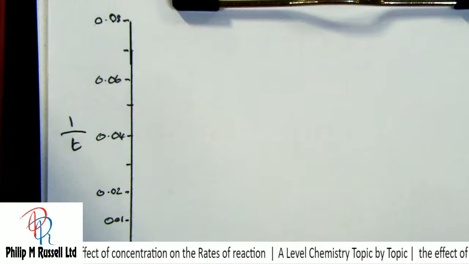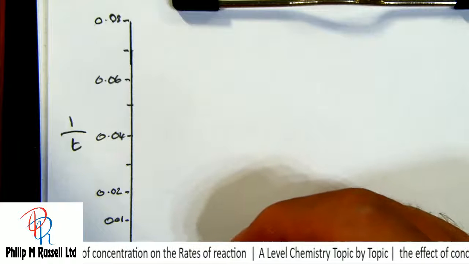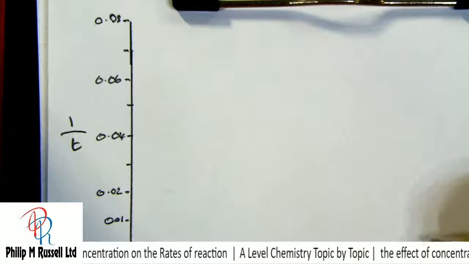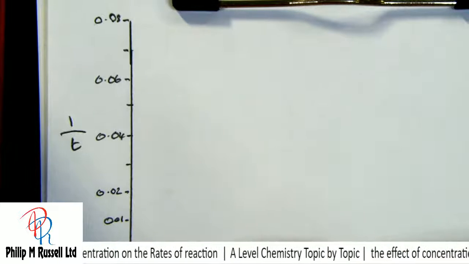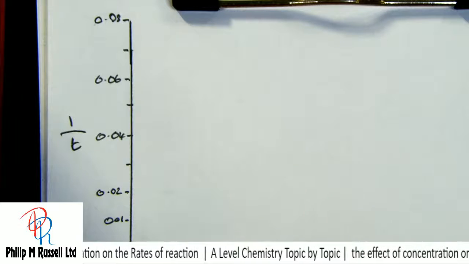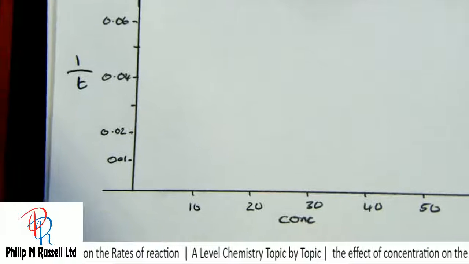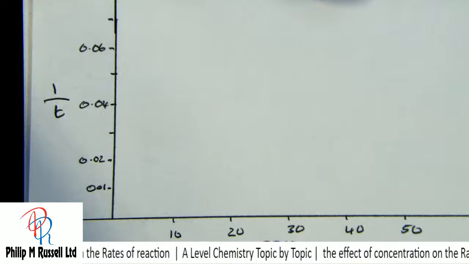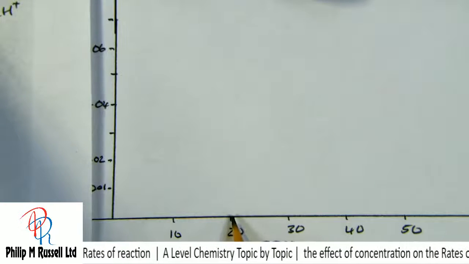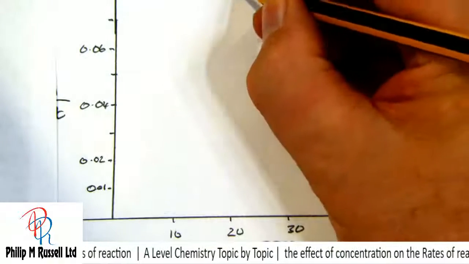I'm just going to do this as a simpler method. I'm going to do 20, 30, 40, 50. So we've got 10, 20, 30, 40 and 50. And let's see what we get. So I've got some numbers at the bottom, and at my 20 I've got 0.08 approximately.